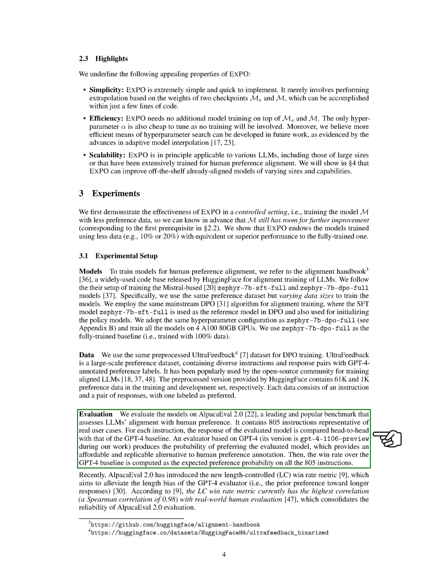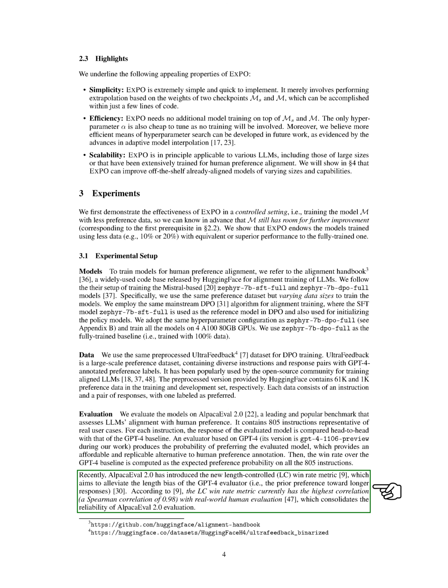A GPT-4-based evaluator produces the probability of preferring the evaluated model, offering a cost-effective alternative to human preference annotation. The win rate over the GPT-4 baseline is then calculated as the expected preference probability across all 805 instructions.